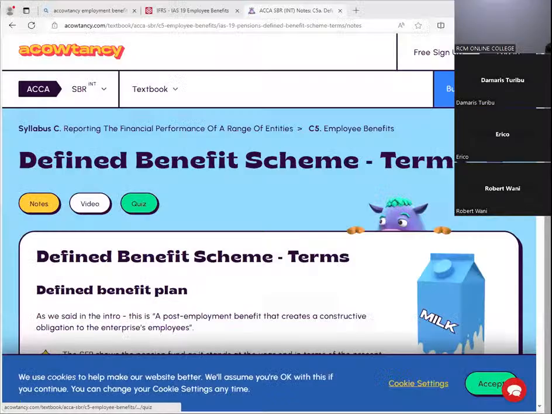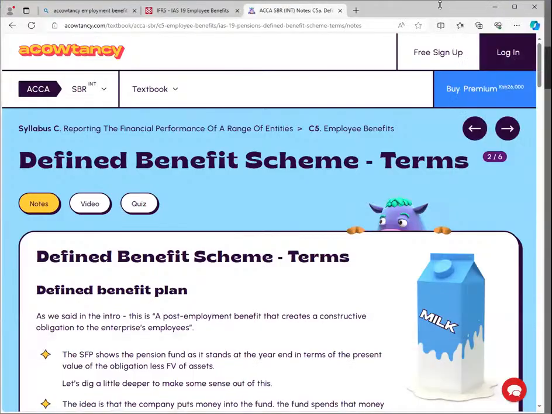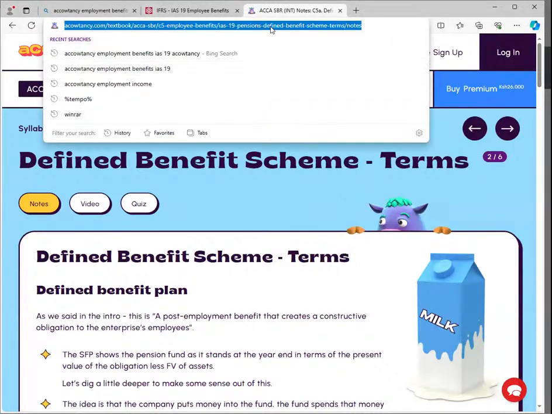Okay, so mention there IAS 19. So IAS 19, I will put this link somewhere there.